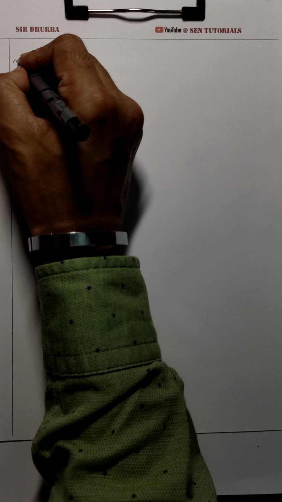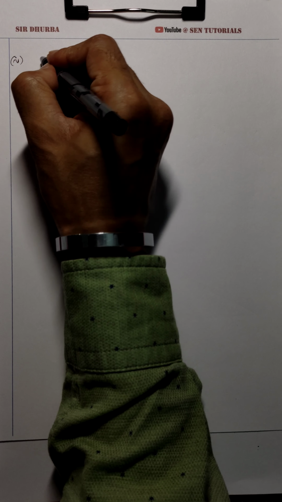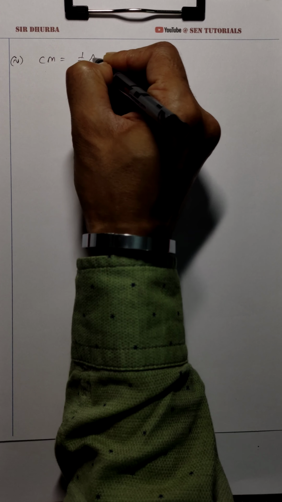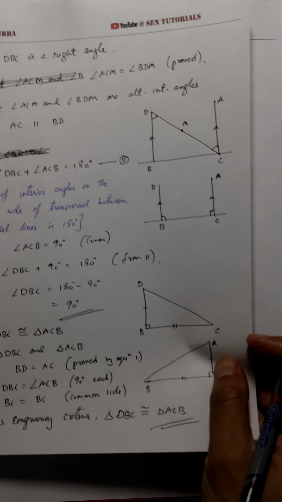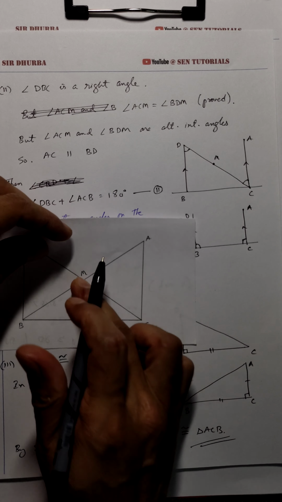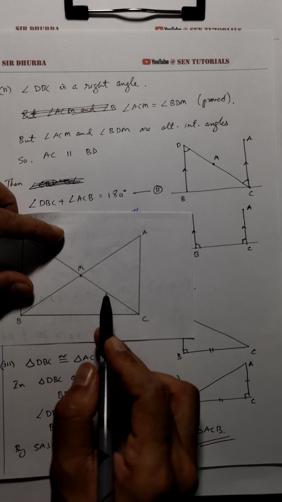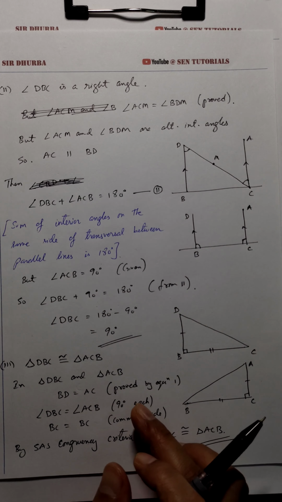So the last part that we have to prove is the fourth one. That is, we have to prove that CM is equal to half of AB. Now you see what happens.